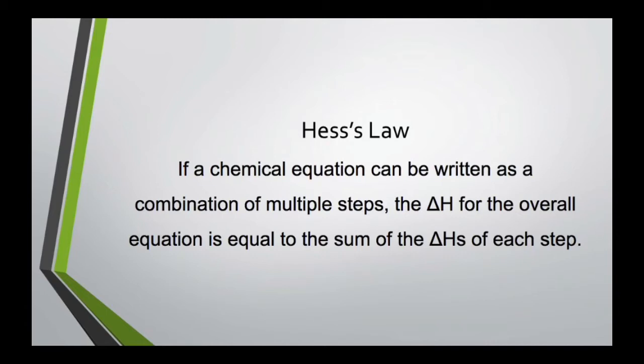Hess's law actually says that if a chemical equation can be written as a combination of multiple steps, multiple kind of sub-chemical equations, then the delta H for the overall equation is equal to the sum of the delta H's of each step. So basically, if we can know a little bit about each of those small steps that make up a reaction, we can use that to piece together the overall reaction's information.